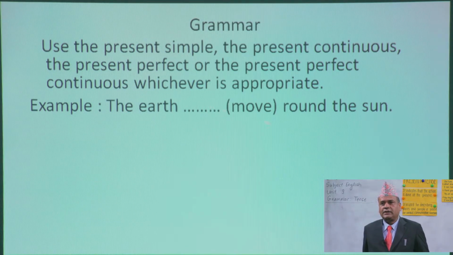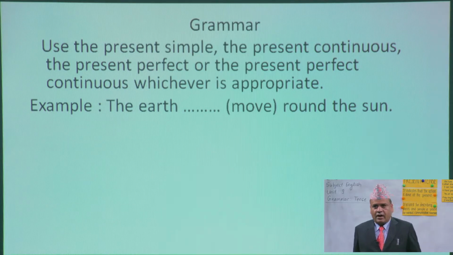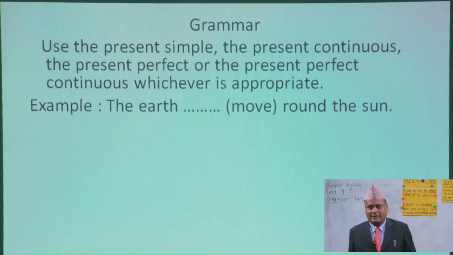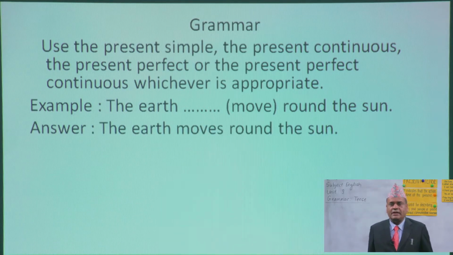The earth, our verb is there, move, and round the sun. You can guess, right? Yes, the earth moves round the sun. Here, what is the answer? Yes, please guess. Moves. Yes, the answer is the earth moves around the sun.